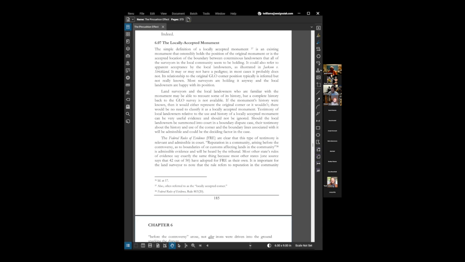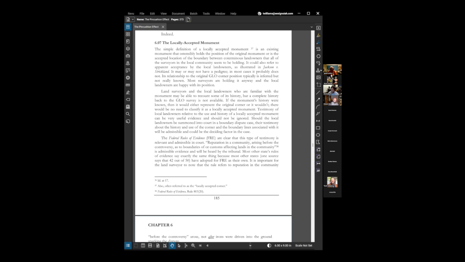And this is especially true of ancient documents, which in Arkansas will be considered to be correct until they're proven wrong. So that gives an extra weight to evidence that predates a controversy.